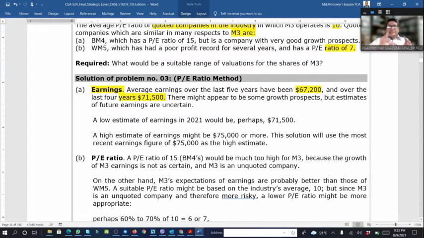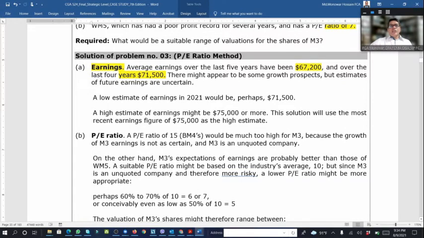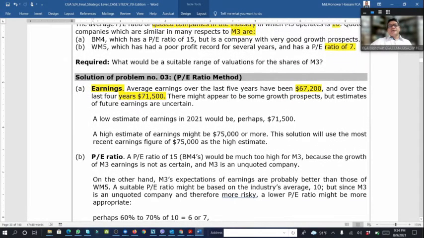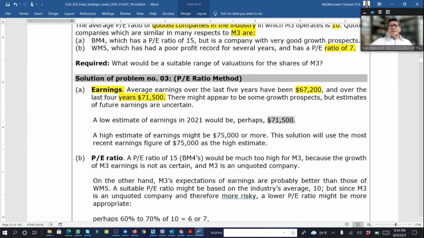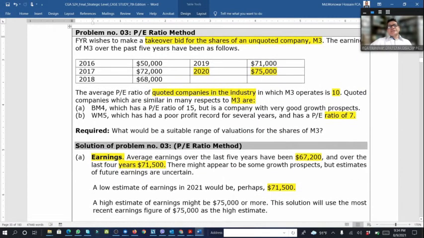That means there is some growth, because there is a difference between the 5-year average and the 4-year average. So the difference is growth, but estimated future earnings are uncertain. A low estimated earning would perhaps be 71,500 as the average calculation for the 4 years.